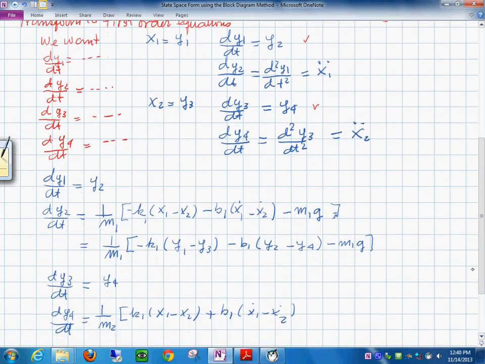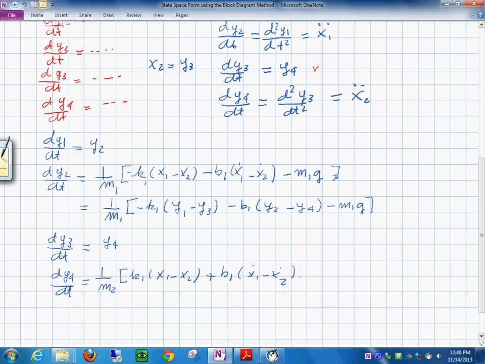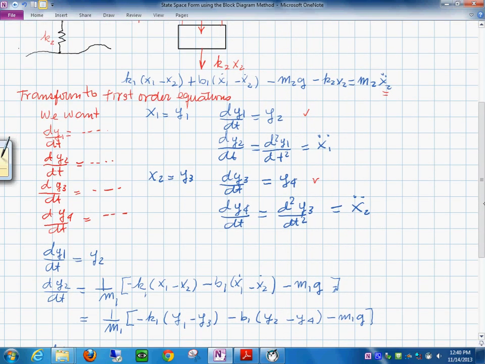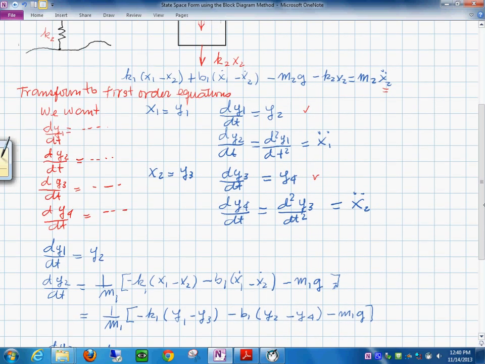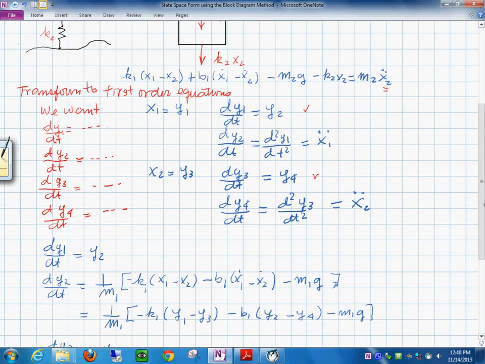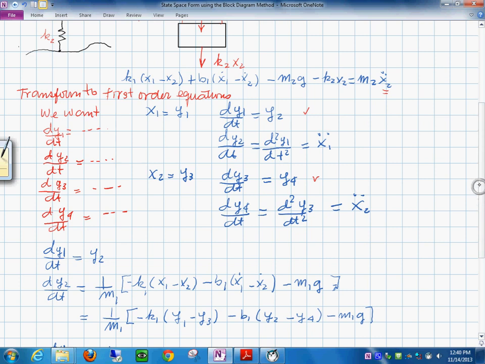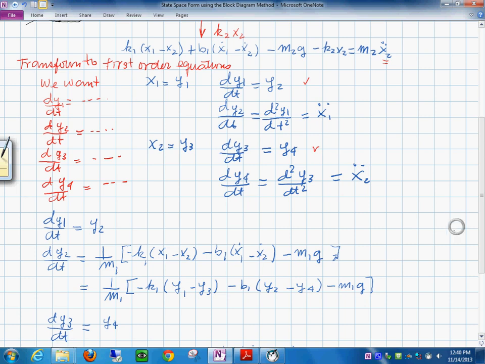And then minus m2g, minus m2g and what? Minus k2, minus k sub 2 times y sub 3.